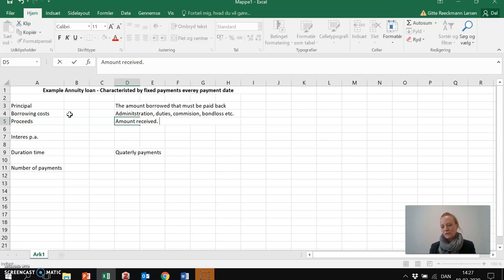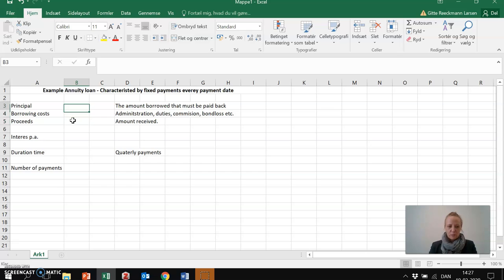So if, let's say, you buy the bonds at a course or an index price of 96, you have a 4% bond loss as a cost that you need to consider. But I will give you a fixed amount of cost to place here. When you subtract the borrowing cost from the principal, you get the proceeds. And the proceeds is the amount that the company will actually receive.